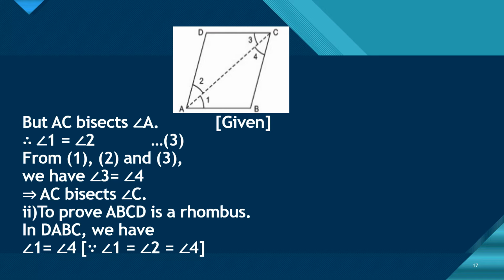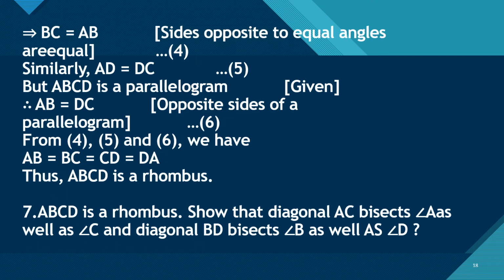In triangle ABC we have angle 1 equal to angle 4. Therefore angle 1 is equal to angle 2 and angle 2 is equal to angle 4. Therefore BC is equal to AB, since the sides opposite to equal angles are equal. Similarly, AD is equal to DC, the fifth equation.